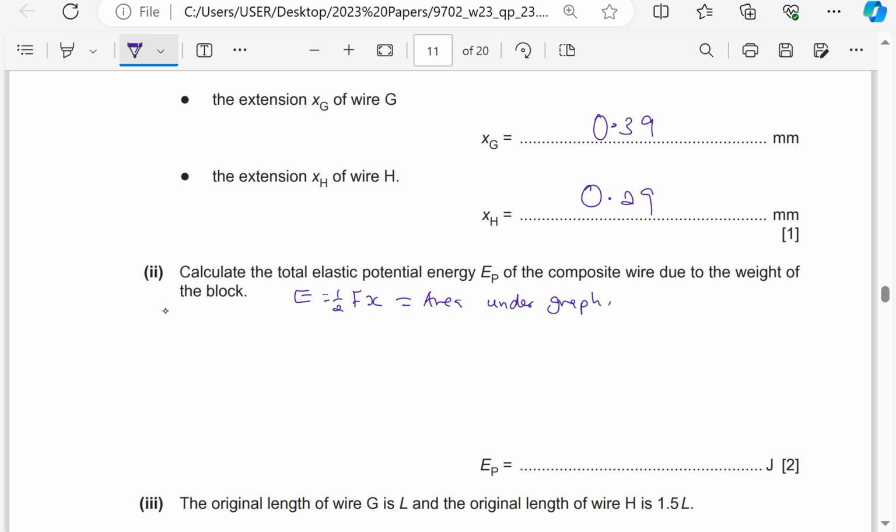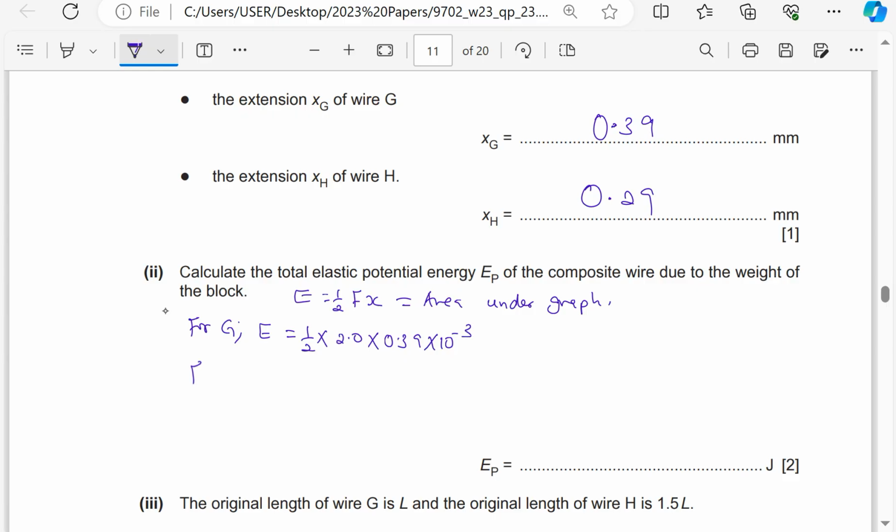So let's start with G. For wire G, the elastic potential energy is going to be a half times F, which was 2.0 because we are considering a weight of 2 newtons, times the extension, 0.39 times 10 to the power of negative 3.